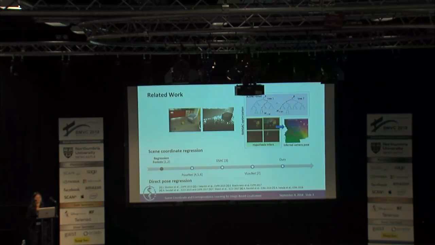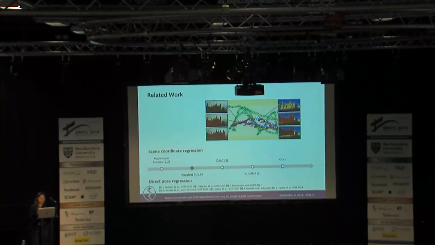Then, since usually there were erroneous predictions, a robust pose was computed by a preemptive RANSAC optimization. So multiple pose hypotheses were sampled and then scored based on the inlier count and refined using those inliers. But since this RANSAC optimization can be quite computationally expensive, direct pose regression methods emerged, which were actually able to compute a pose using only one forward pass of the network.